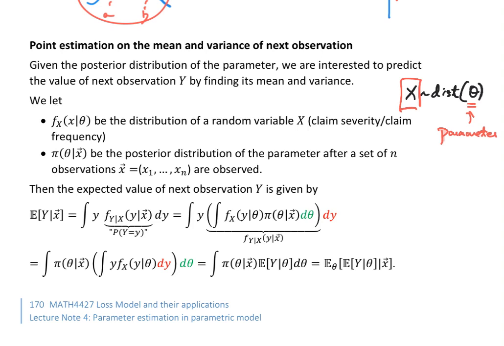Okay, so what it means is, let's say at the current time, and given the data that I got in the past, then using this data I try to get the distribution of this theta, right? But what is that for?